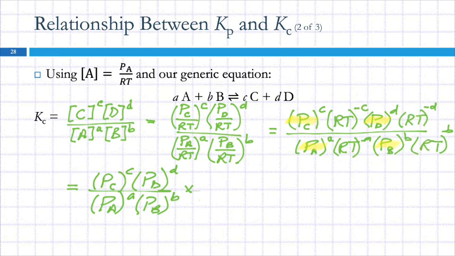I can get rid of those by putting them on the opposite side of the fraction. So I put this one in the denominator and that one in the numerator. So now I've got RT to the a and RT to the b divided by RT to the, oh, I know what I wanted to do.